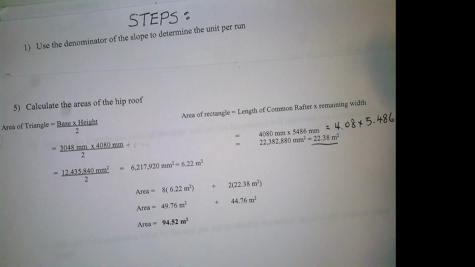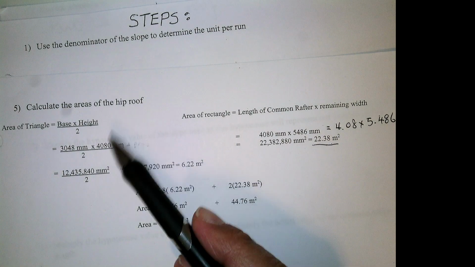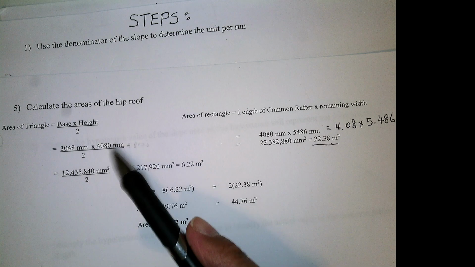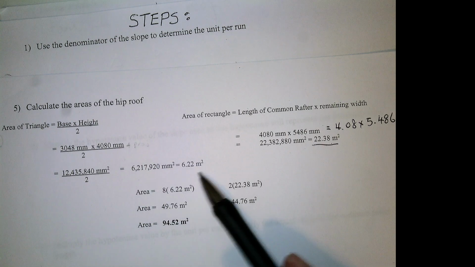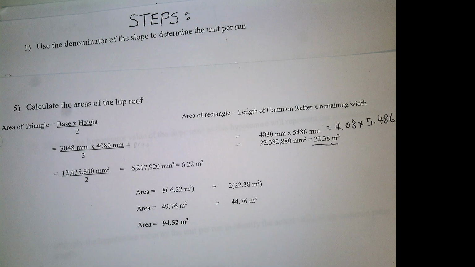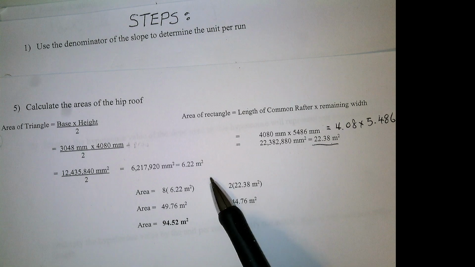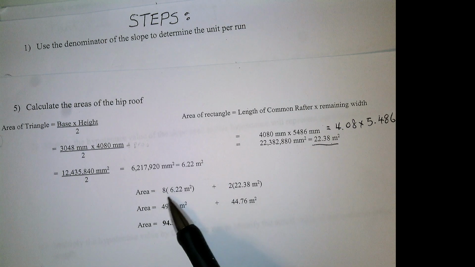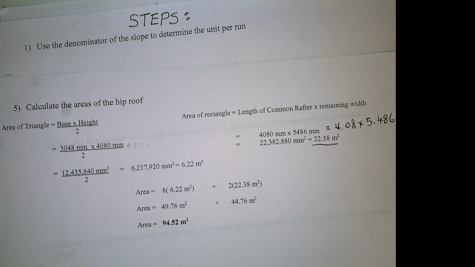Then for the one triangle, base times height divided by 2, after that you get this. Then there are 8 triangles, so we multiply by 8.